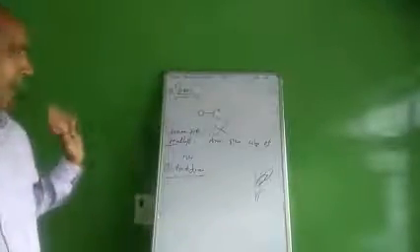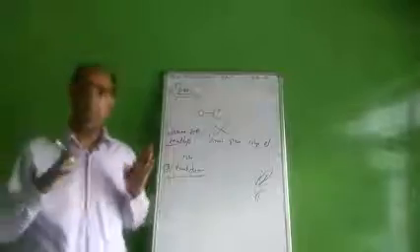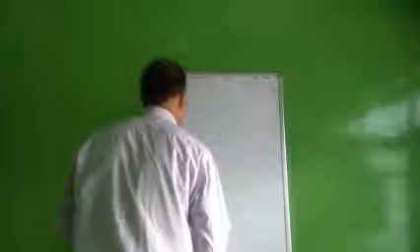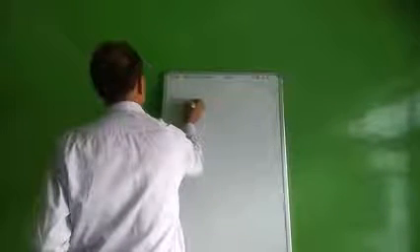This type of reproduction takes place in ciliates, hydra, yeast, etc. This is budding. Now we go for fragmentation.